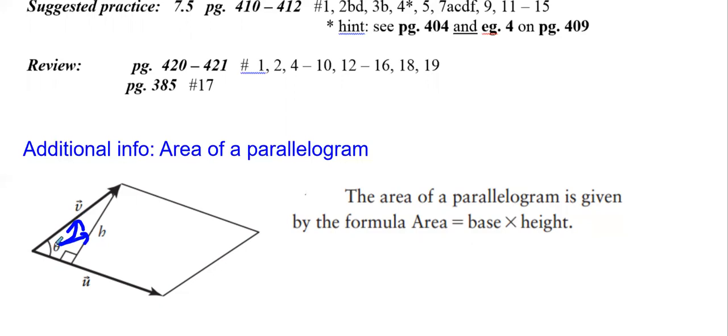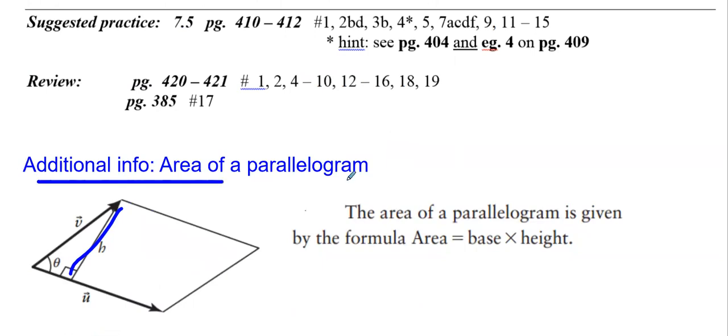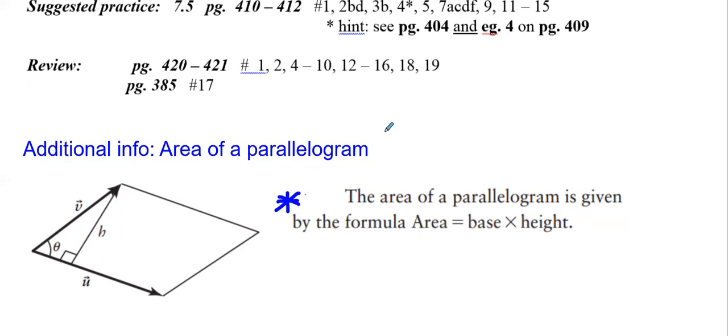So the magnitude of V times the sine of theta gives us the height. Hence, there we go. So that is an application of the cross product. Okay. There are other applications that you can take a look at in the textbook, but this is the main one that you only need to be concerned about as far as the remaining part of this course.